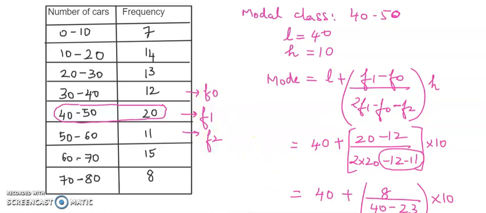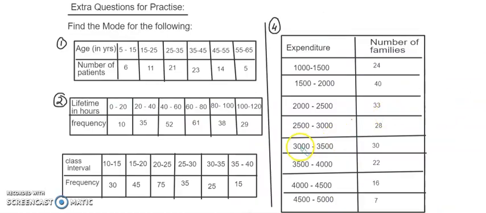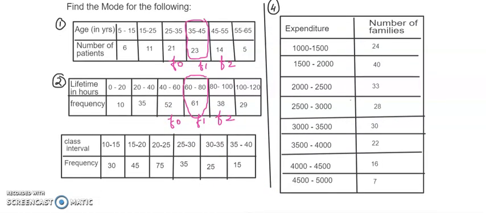Hope this makes sense. I've taken a few questions for your practice. If you take the first question, this will be our modal class. So this is our F1, this is after, so F2, and this will be F0. In the same way, in this one the highest frequency is again 61, so that is your modal class. This will be your F1, this will be F2, and this is your F0. For the next one, what is your modal class?